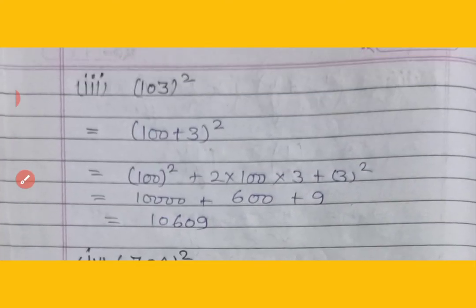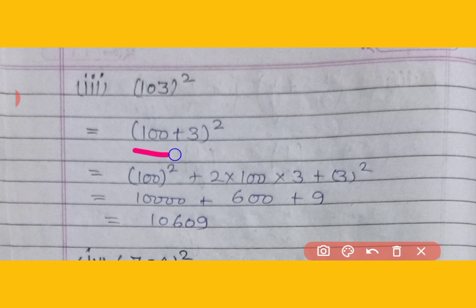Next, 103 whole square. So 103 can be written in the form of 100 plus 3. As it has given, always use the (a plus b) whole square, so always we will write in the form of (a plus b) whole square. So a is 100 and 3 is b. So a square means 100 square, b square means 3 square.